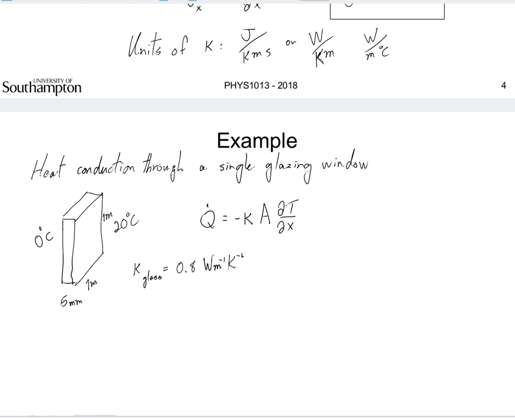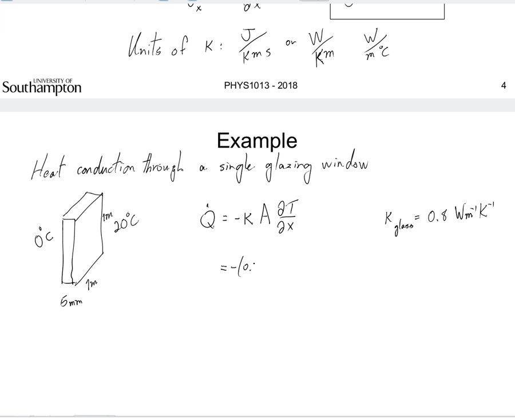Okay. Do you see that it's really just a matter of plugging numbers? Right? Kappa we know, put it there. Area is 1 meter by 1 meter. And then the gradient is 20 Kelvin divided by 5 millimeters. So we can just plug in the numbers.